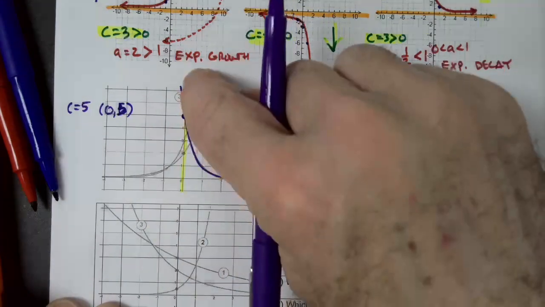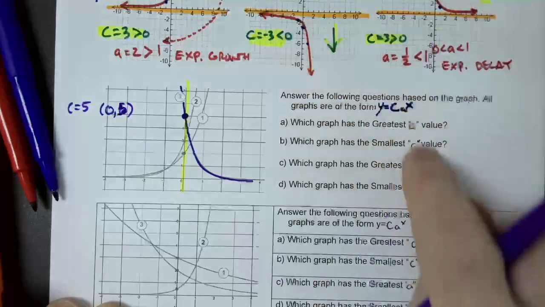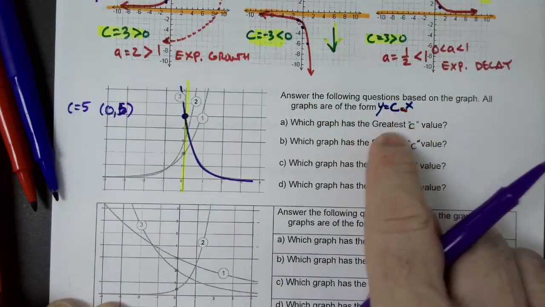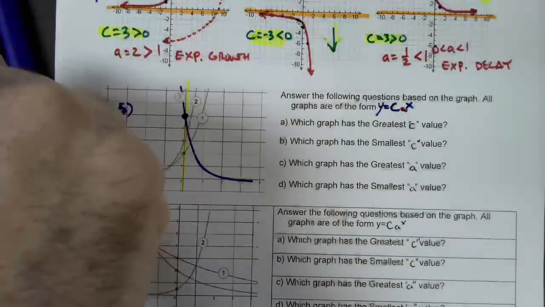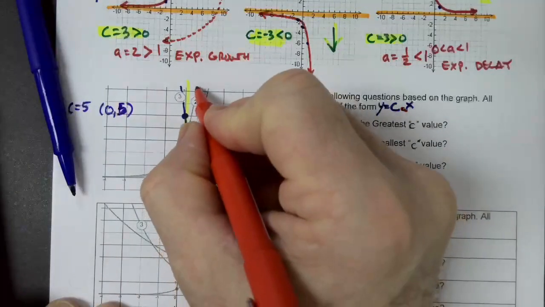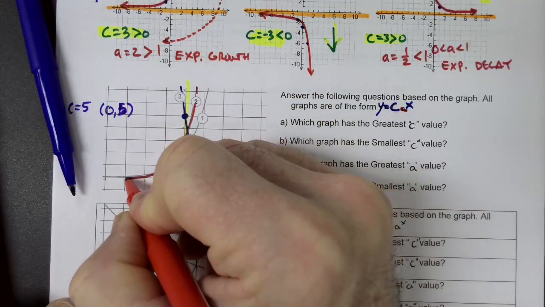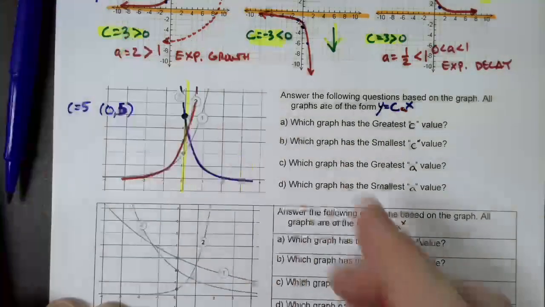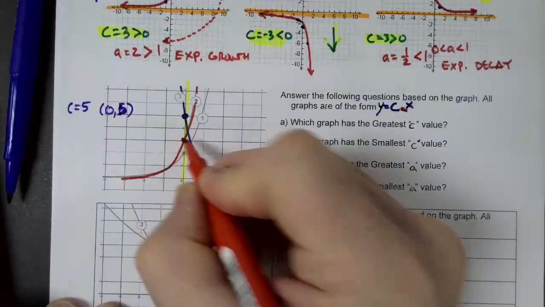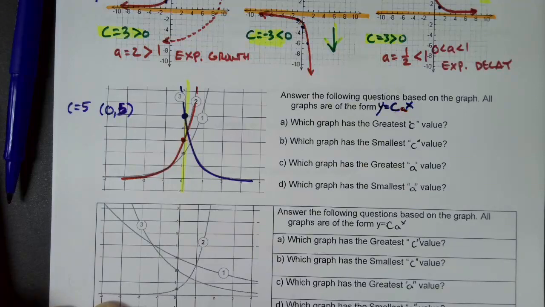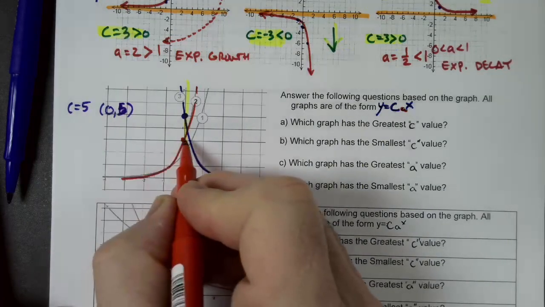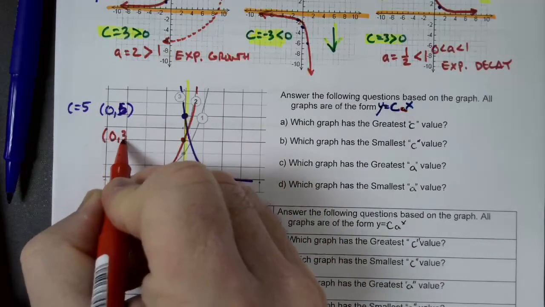When you look at the y-intercept for these of this form, the y-intercept will always tell you what your c value is. So what's the c value of the function they call number 2? 3. It goes through the point 0, comma 3.